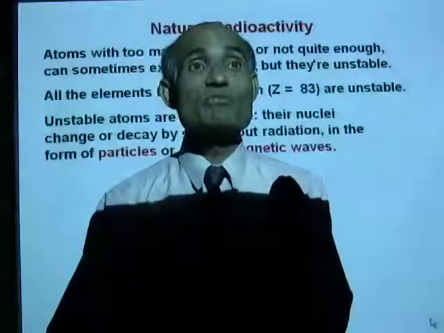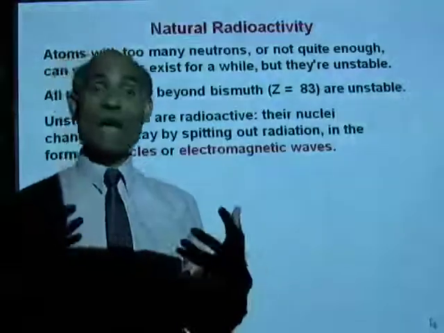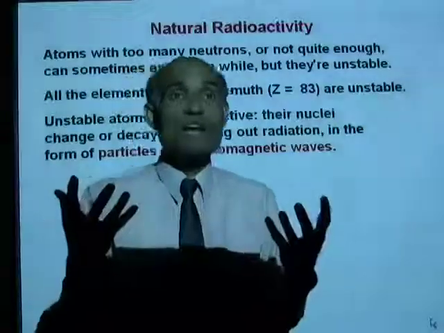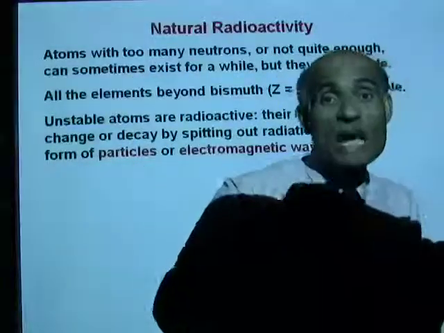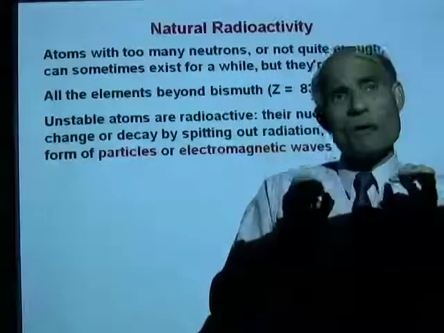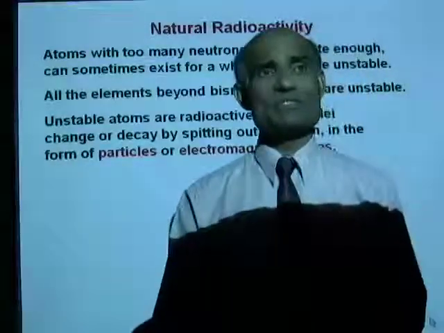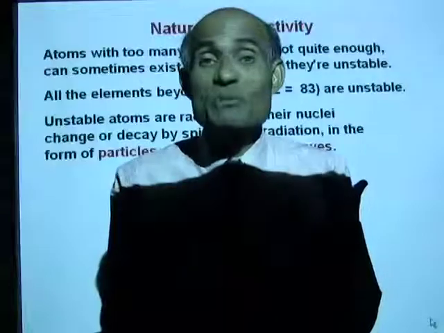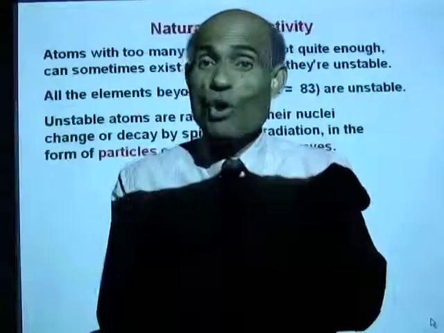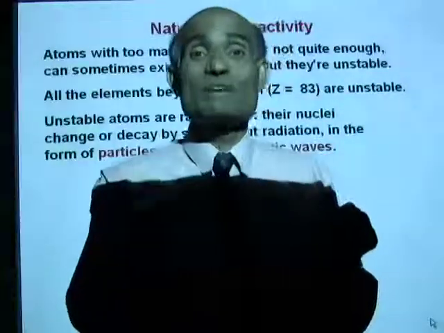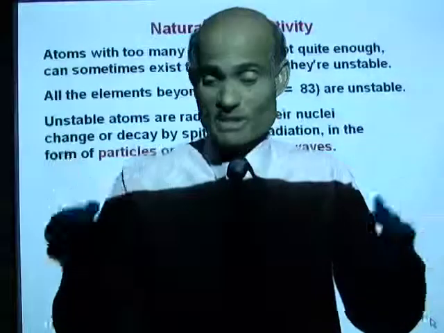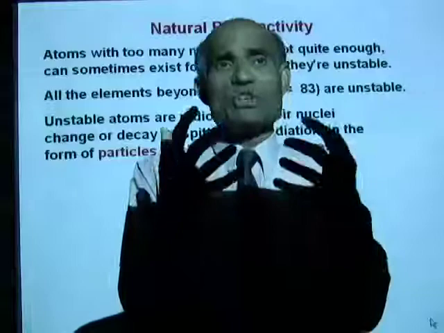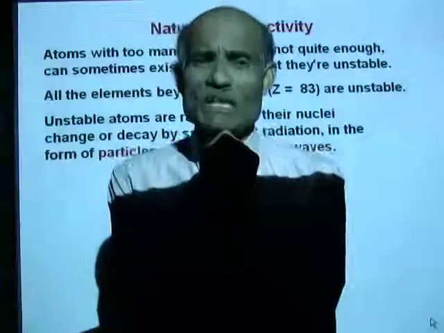And unstable nuclei or unstable atoms are radioactive. These nuclei change or decay. They decay by throwing out radiations. And what are these radiations? These radiations may be made of particles, or they may be just electromagnetic radiations, just energy. Now, throwing out particles or energy can result in stability.